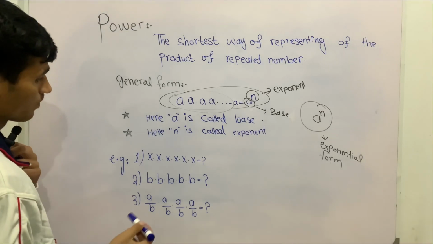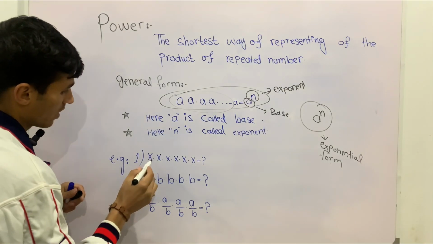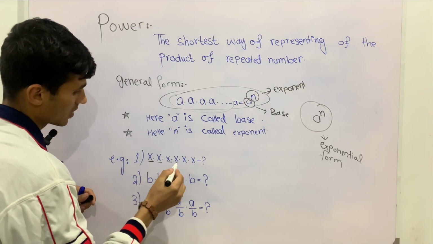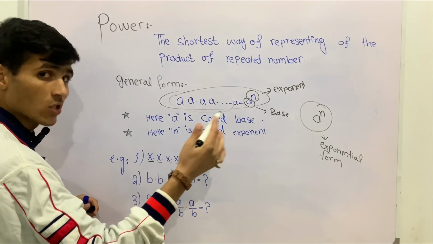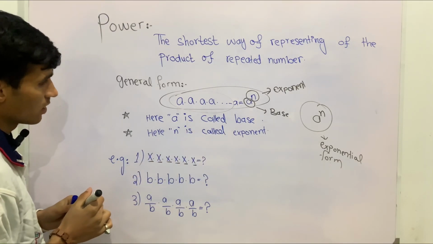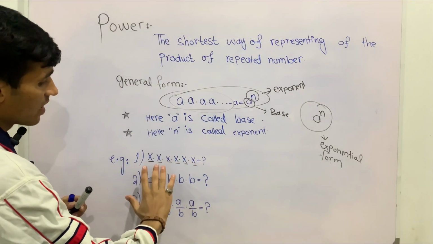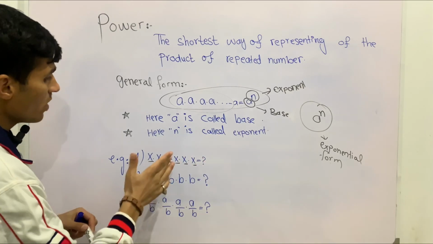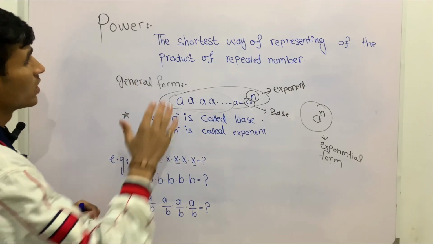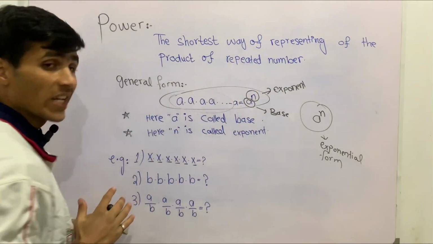Look at here. We have x multiplied by x multiplied by x, and so on. How do we represent this multiplication in a shorter way? We make use of the power, the shortest way of representing the product of repeating numbers.